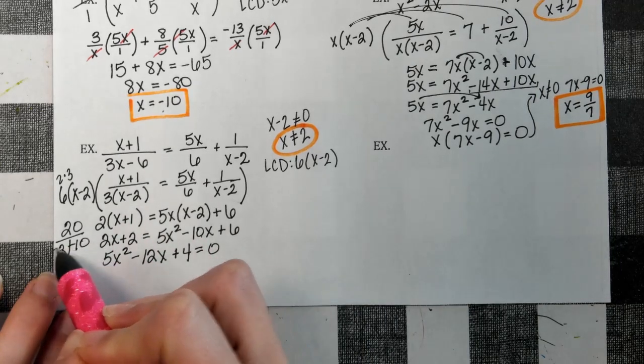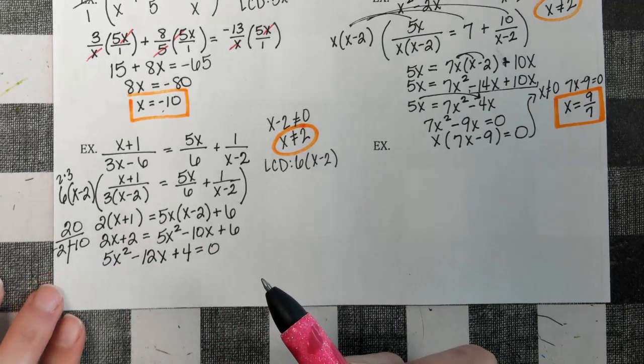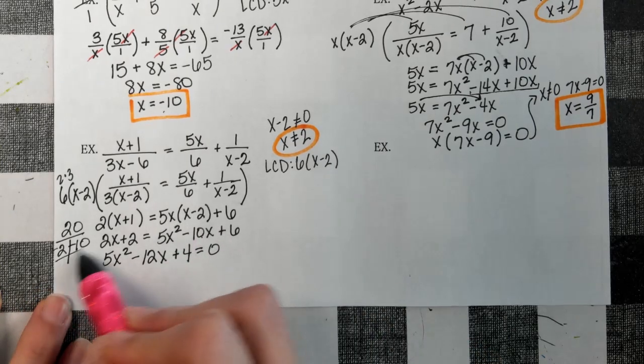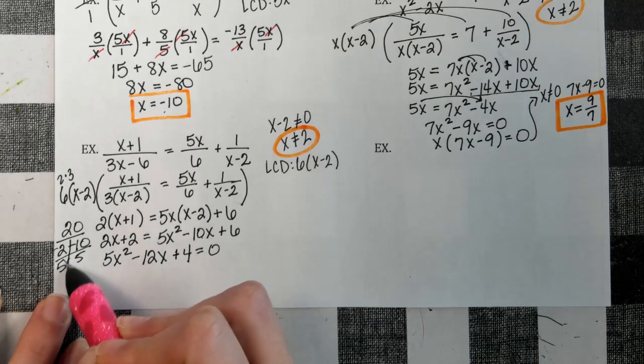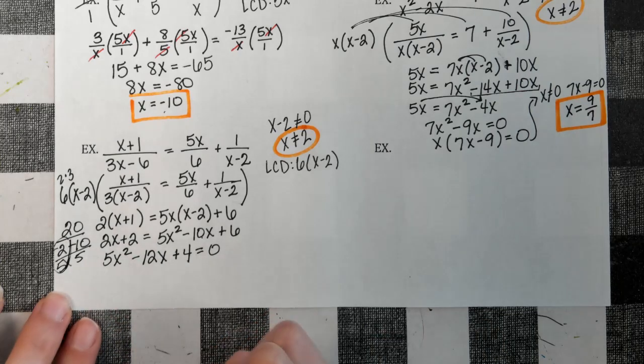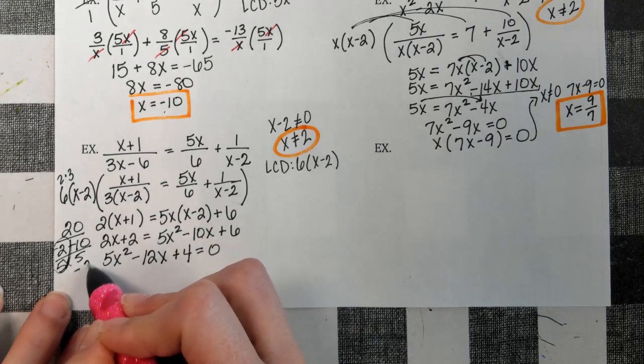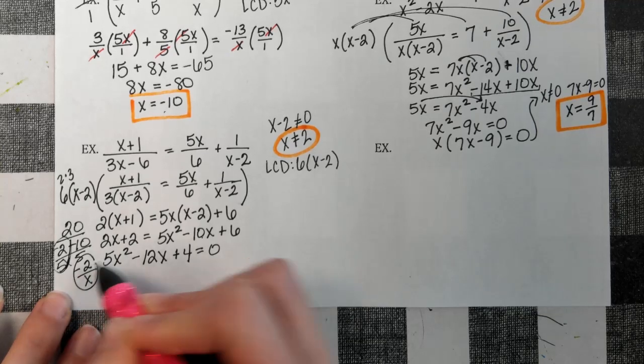2 and 10, and they're both negative, right? And what do I do with that negative 2 and negative 10? So that says negative 2 over 5, and then negative 10 over 5 is a negative 2 over 1.